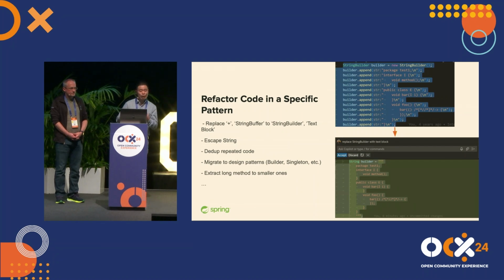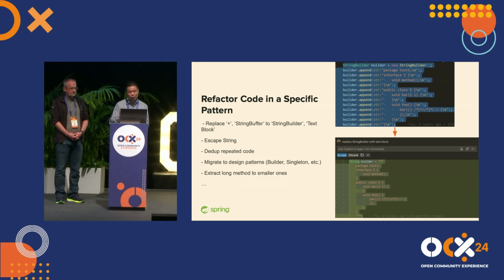The second scenario is to leverage the AI chat to refactor code in a specific pattern. AI is very good at performing a very defined task. You can do something like convert string concatenations in different approaches, escape strings, dedupe repeated code, extract your code to these patterns, or extract a long method into smaller ones.